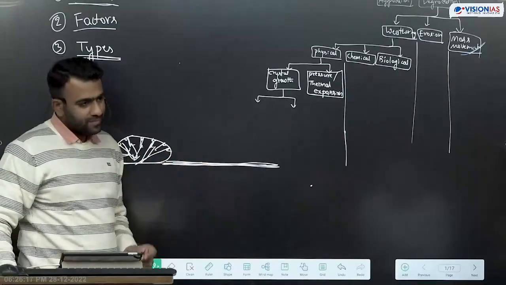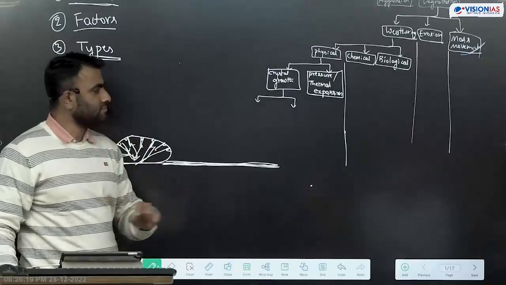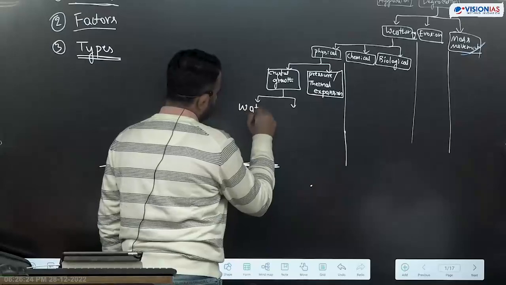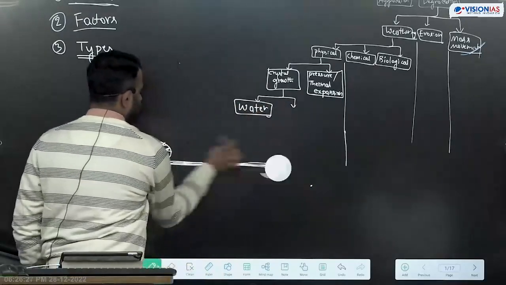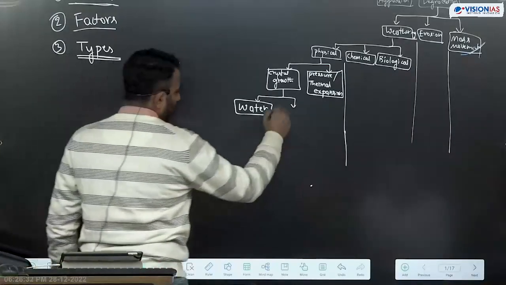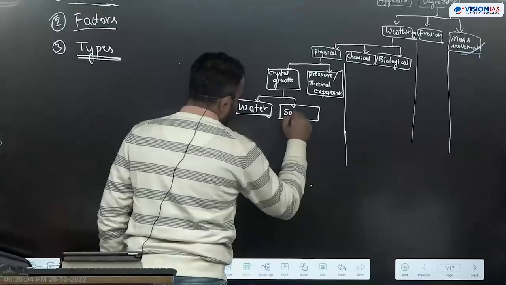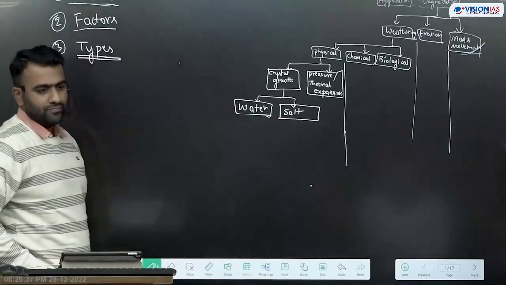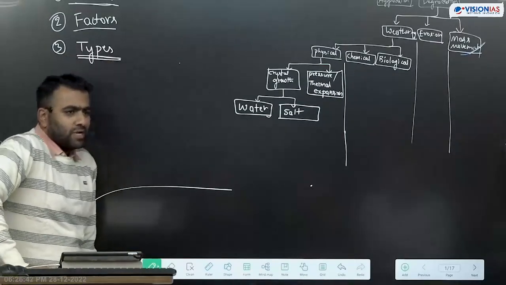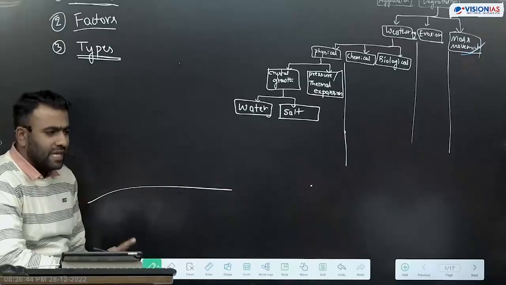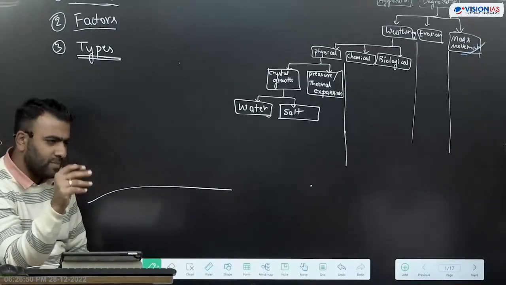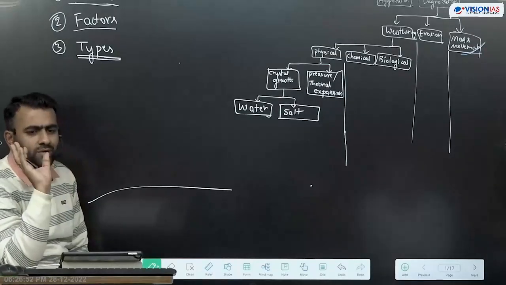So what is happening? There is a growth of crystal. That is what crystal growth is. It can happen due to the growth of water crystals, which we call ice, or it can result in the growth of salt crystals too. How will salt crystals form? Whatever water is there in the desert region gets evaporated very easily. It is not that there is no water at all in the desert, there is less, but there is some.